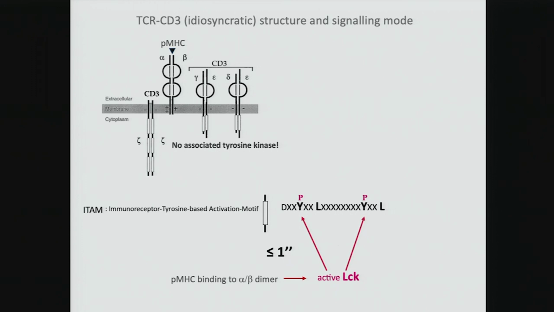You don't see really an associated protein tyrosine kinase. Yet, as soon as you add peptide MHC, something that binds here, in a second, you can see already phosphorylation of the ITAMs.